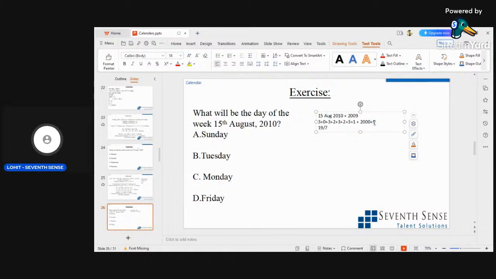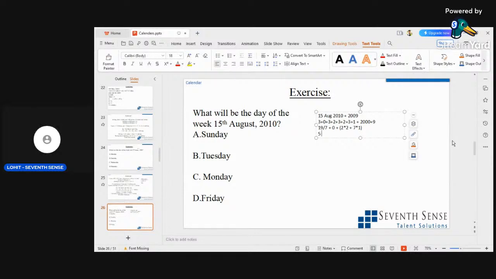19 divided by 7, plus in 2000 how many odd days? 0. In 9 years how many odd days? In 9 years there will be 2 leap years, so I will multiply it by 2, and the rest of them will be non-leap years, so I will multiply it with 1. So the total answer will be 19 divided by 7, how much?